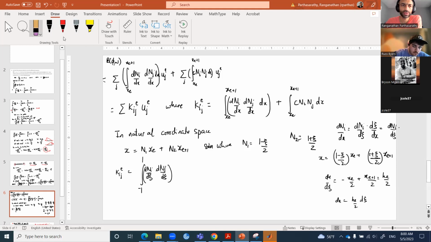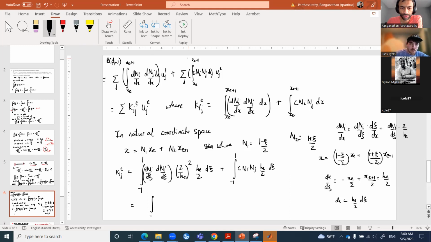So 2 by h square times he by 2 d psi plus integral -1 to 1 c Ni Nj he by 2 d psi.